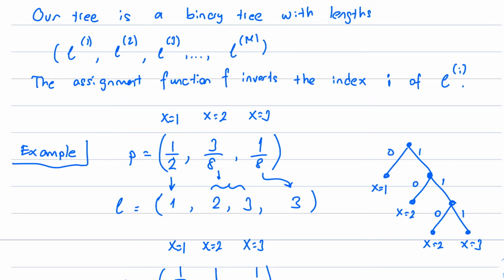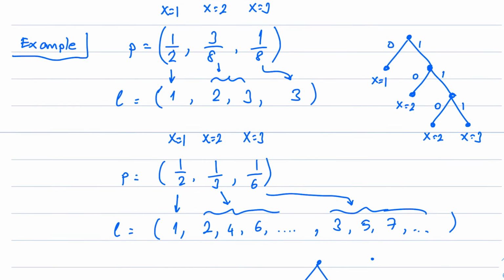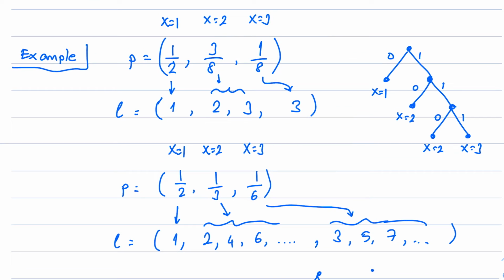Let's see what we mean by this in the following example. p is 1/2, 3/8, 1/8, and the corresponding length functions for each p_i are 1, 2, 3, and 3. And the combined binary tree is given on the right hand side.